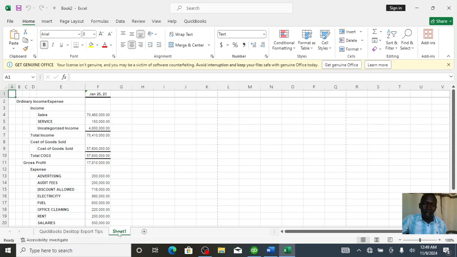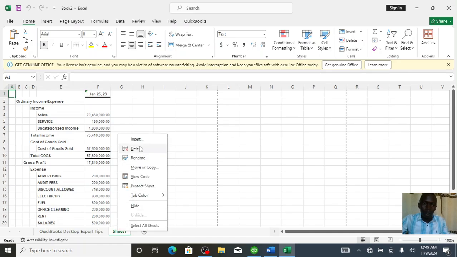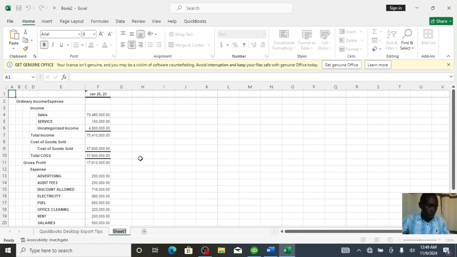So we name this sheet, we rename it as profit and loss.